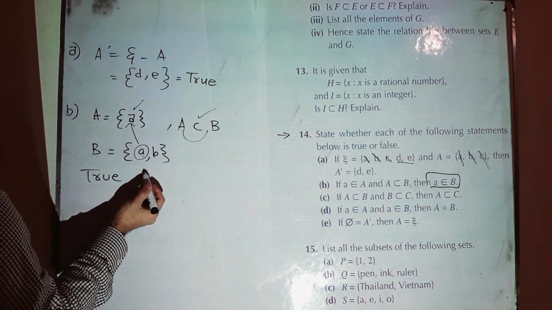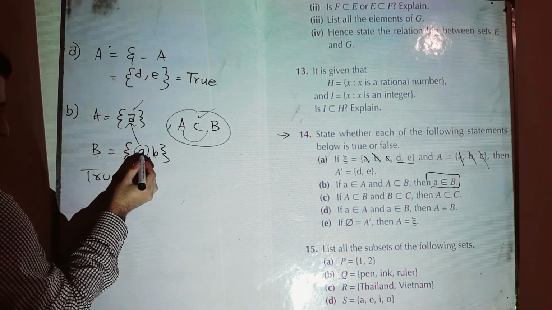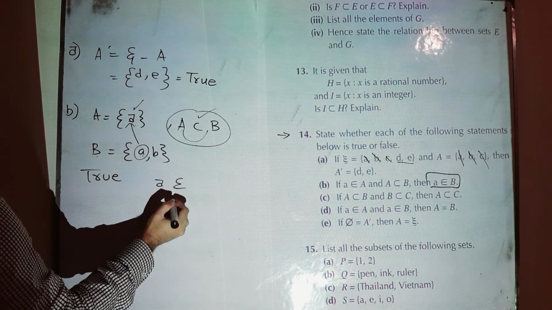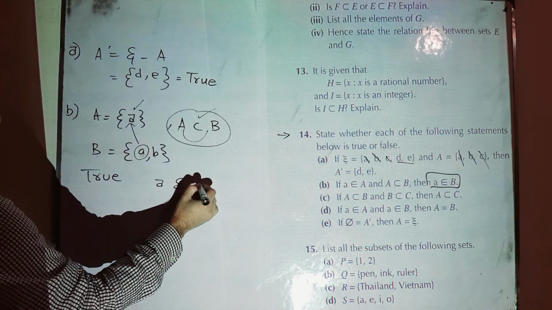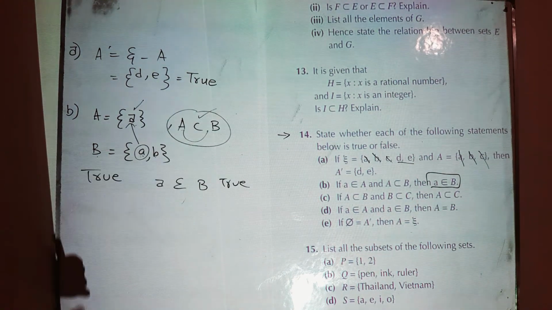Now they say that if this is the condition, then A is an element of B, which is true. This is what I have tried to explain.